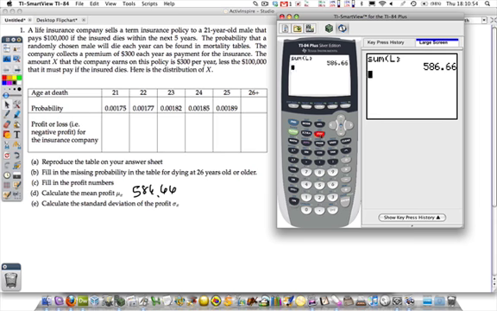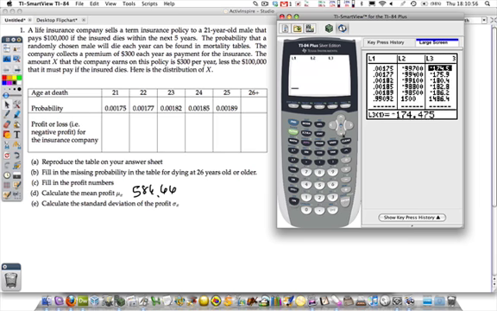That's going to be easy now that we have it all in the lists. All I need to do now is the standard deviation formula, which I'm sure you all remember is the sum of the observation minus the mean, squared, times the probability. So (xi minus mu) squared times pi. I can set that up very easily on the calculator.